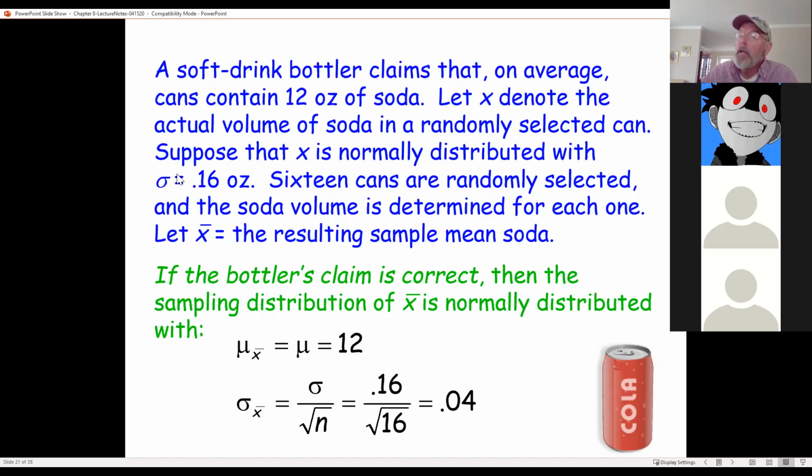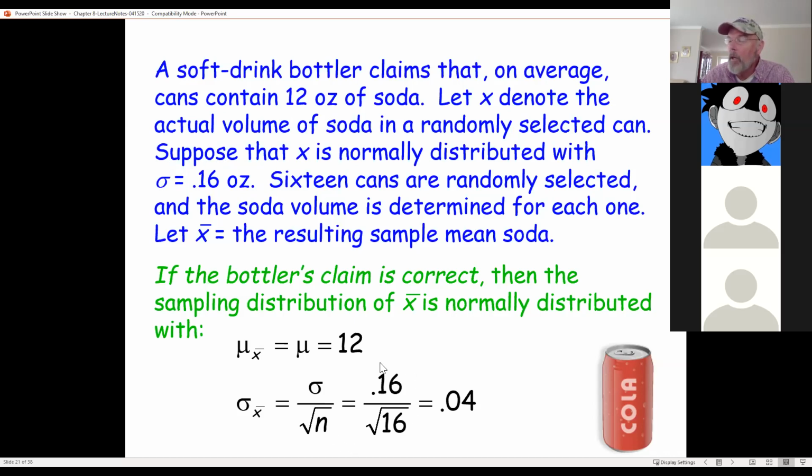Just to give you a sense, sigma equals 0.16 is the population standard deviation.